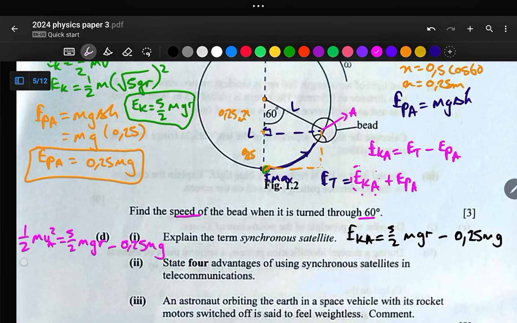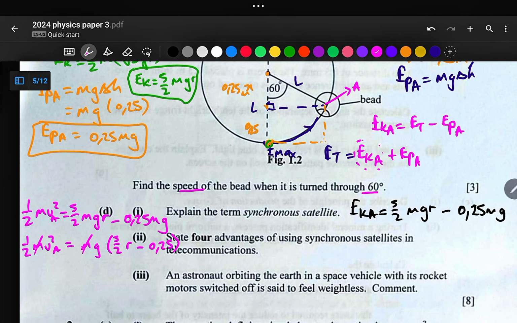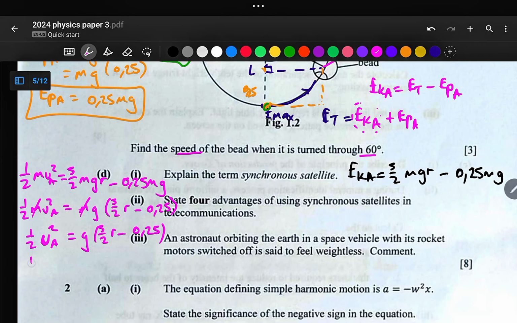We can factor out mg because mg is a common factor here. So it is now mg times 5/2 r minus 0.25. We can cancel these m's. So we are left with half of v squared being equal to g times 5/2 r minus 0.25.